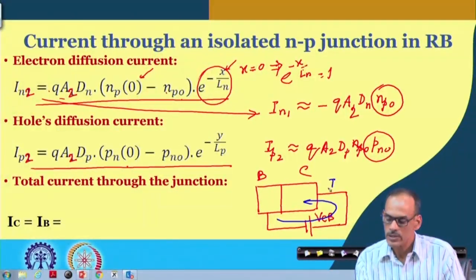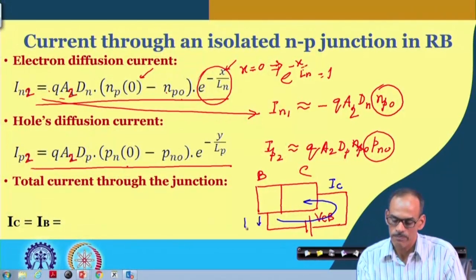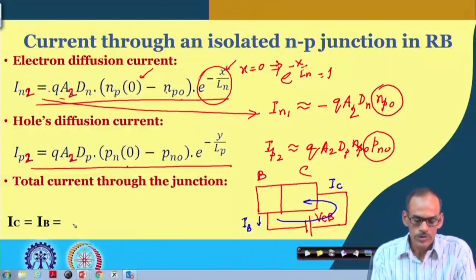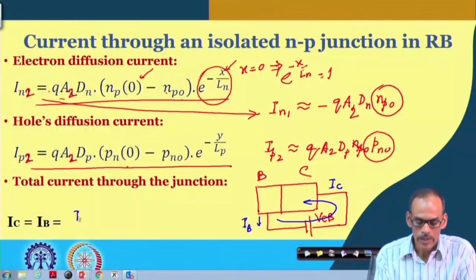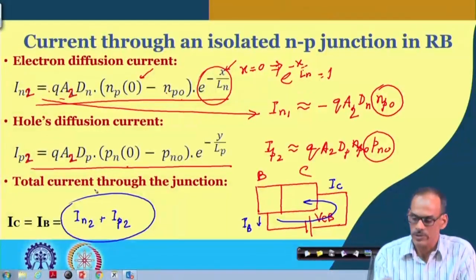You may say that this I C and I B, due to this V C B, are both equal to I n 2 plus I p 2, where the expressions of I n 2 and I p 2 are given here.